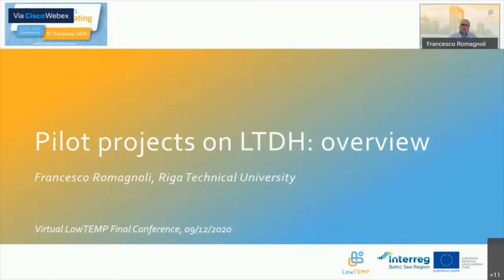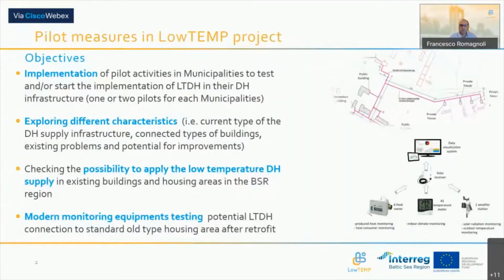In this introduction, I'm going to quickly present the main concept supporting the realization of all the pilot measures that were realized within the LowTEMP project.